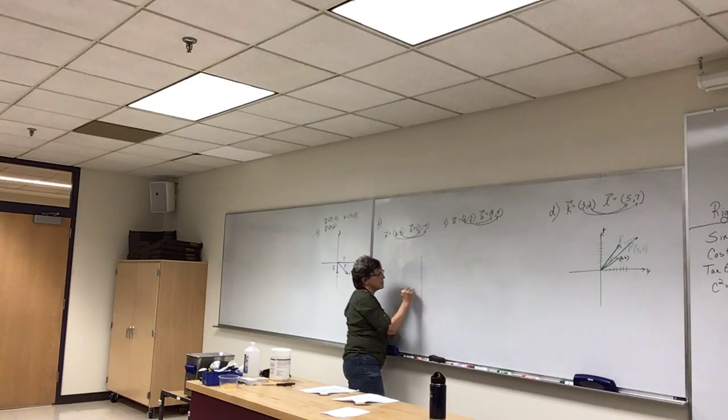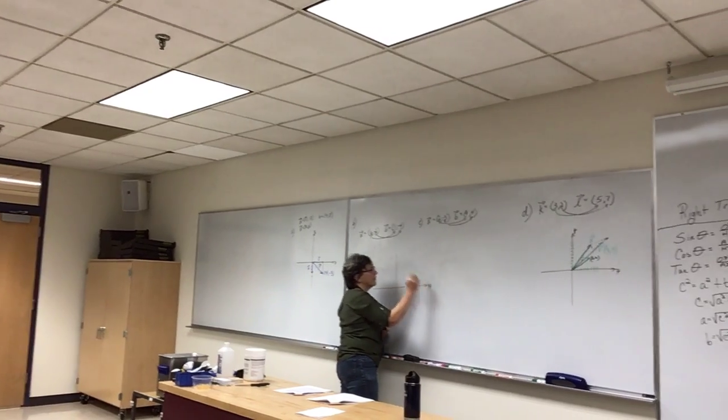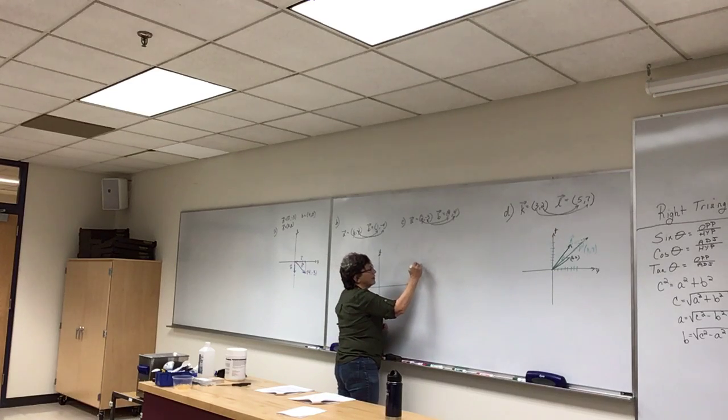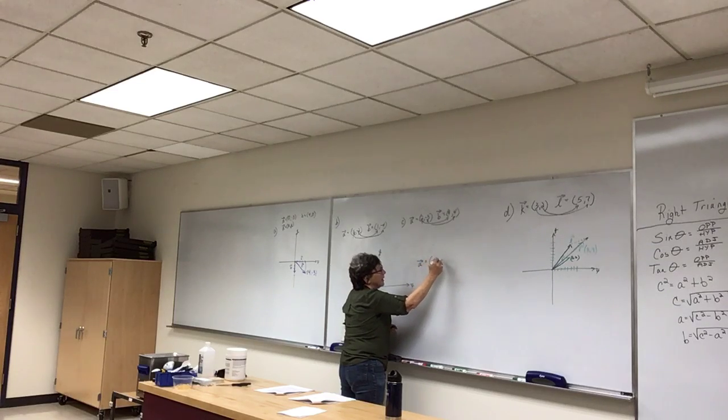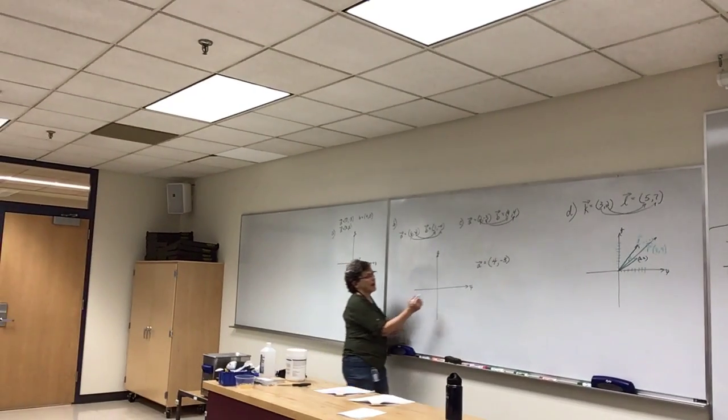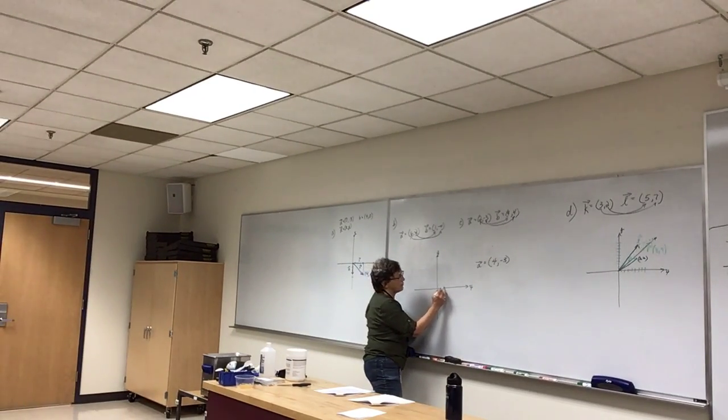So if we have our xy coordinate system, and I have A equals 4 and -3. Yeah, I'll leave it -3. 4 and -3. We can define this on the x-axis. We go over 4. 1, 2, 3, 4.